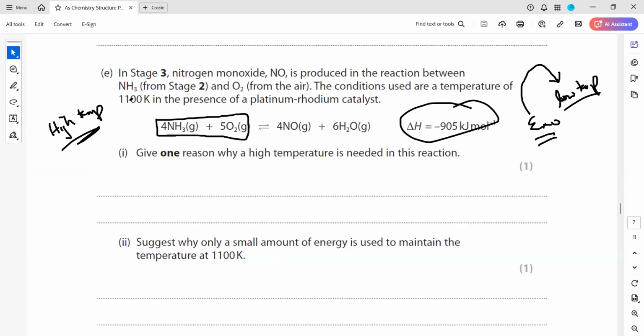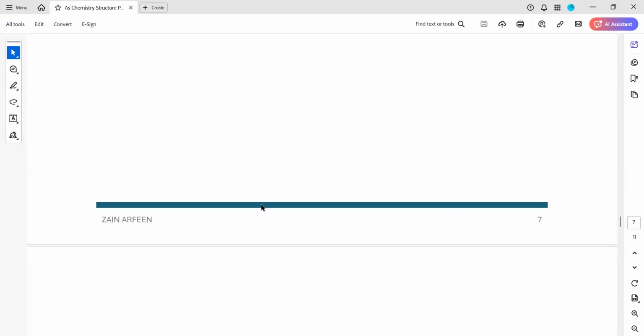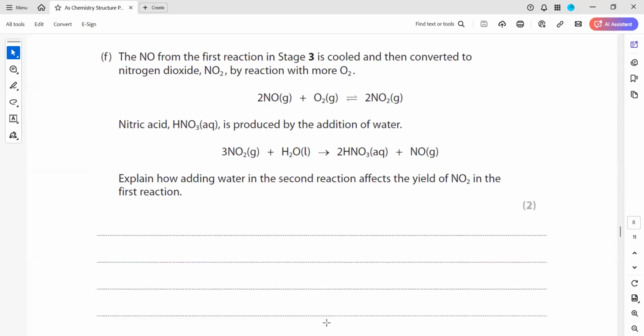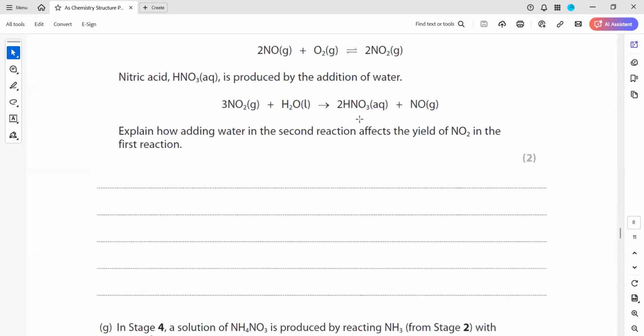So always refer to this when you see why a reaction needs a high temperature. It's two reasons: one is the inertness, or the other one you can mention is the activation energy. Part F, any doubts?